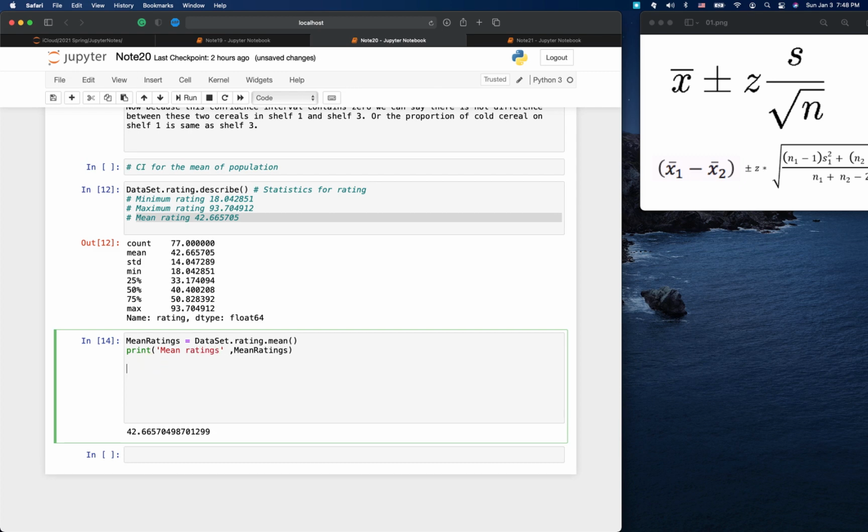I'm going to get high rate, and I'm going to separate the data set to the ratings that are above the mean of rating.